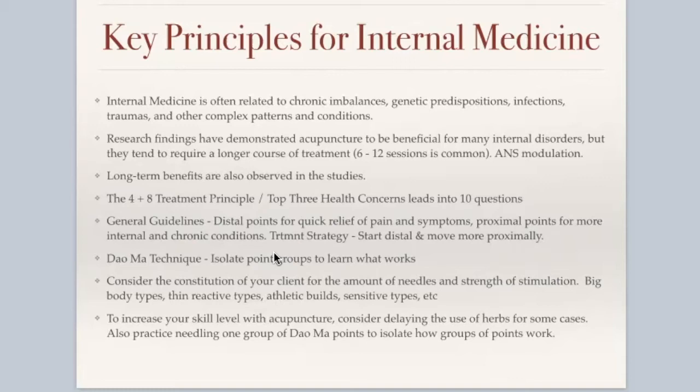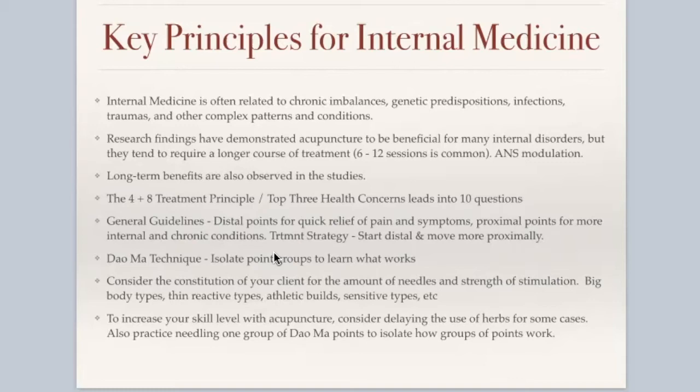And like we've discussed, the medical research shows that for treating IBS or some of these digestive conditions, typically at least 6 treatments are needed, but up to 12. So you know that for a lot of these chronic internal conditions, 6 to 12 sessions are needed.